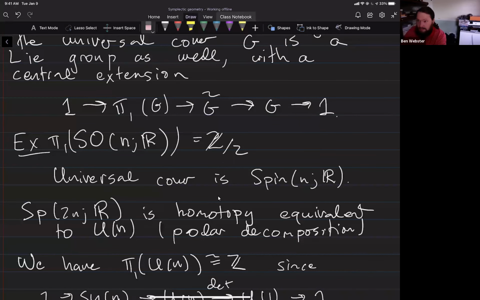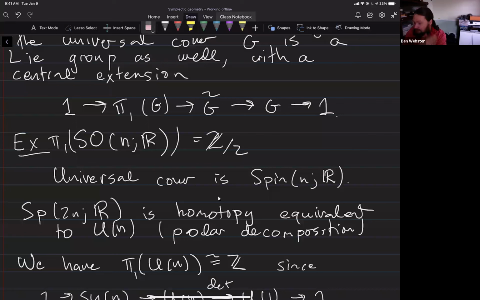Sp(2n, R) is a simple real Lie group, and it's going to be homotopy equivalent to a maximal compact subgroup. This is a general fact about simple Lie groups over R. For Sp(2n, R), that's a copy of U(n), and we actually saw this because we went through polar decomposition.